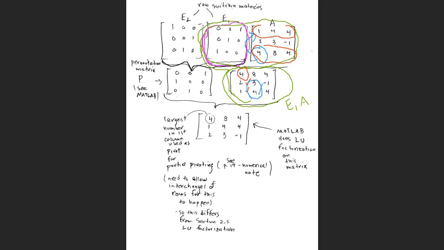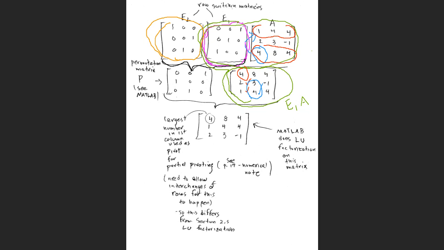So that means that we have to switch the second and third rows. We have to do another row interchange. Along comes matrix E2, which is up here. Matrix E2, right here. Again, that's just the identity matrix where rows 2 and 3 are interchanged.